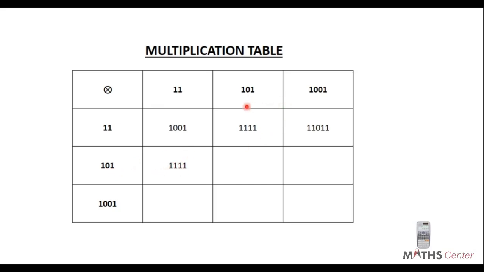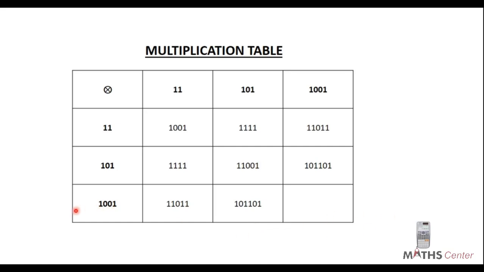101 times 101 will give us 11001. 101 times 1001 will give us 101101. Then 1001 times 11 will give us 11011. 1001 times 101 will give us 101101.